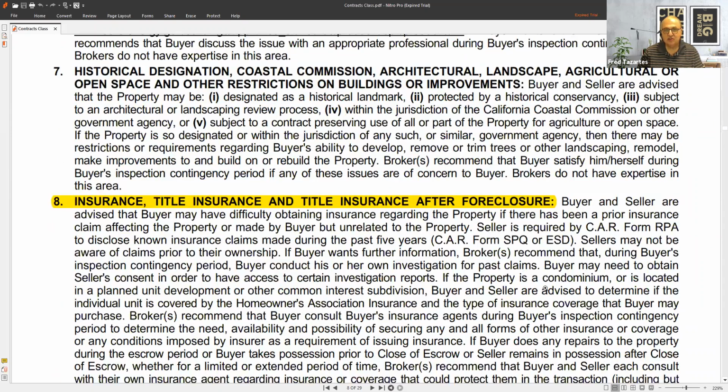Insurance, title insurance, and title insurance after foreclosure. Again, when you purchase a property, you're going to get a preliminary title report. You will get a clear title. If there's been a foreclosure on this property, it may be a little bit more of an issue. So always work with your title company to make sure you get the report.